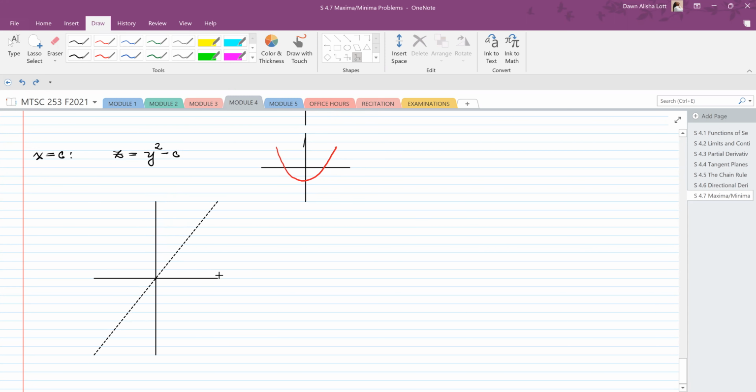I actually have a great picture in my notes. I hope I can do this. I have a really great picture in my notes. Okay, so I have a parabola here. And then I have a parabola down here.